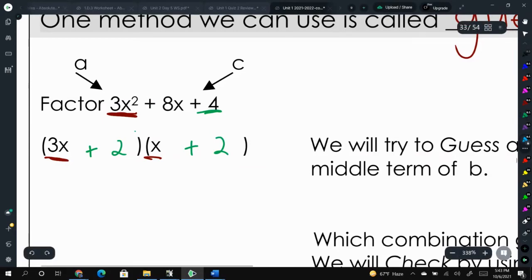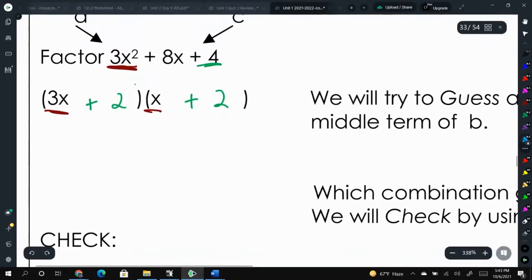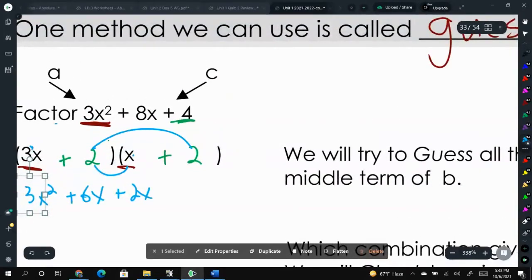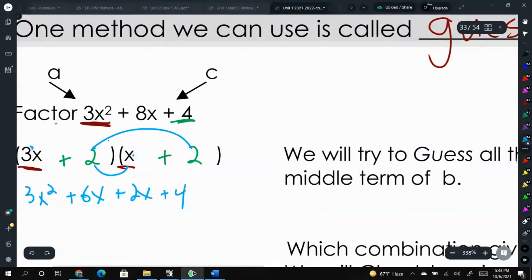And again, you can check this and say, okay, 3x times x is 3x squared. 3x times 2 is 6x. 2 times x is 2x. And 2 times 2 is 4.